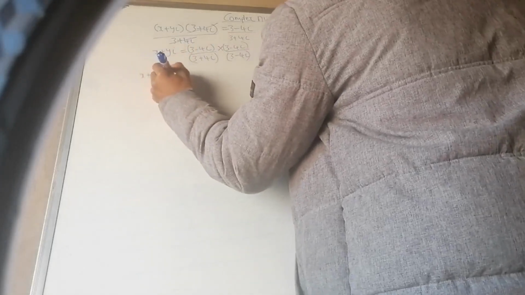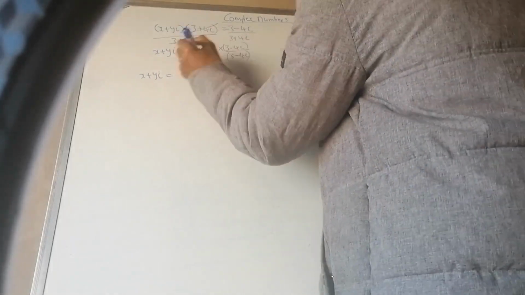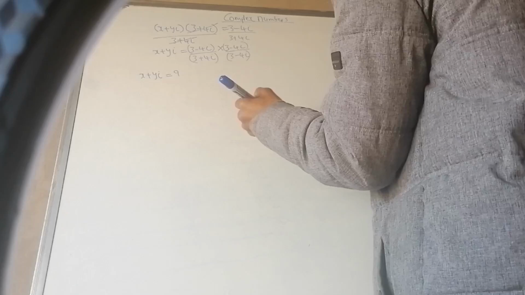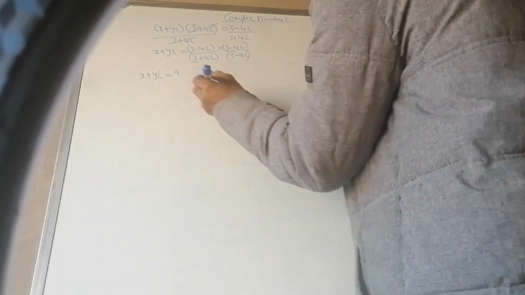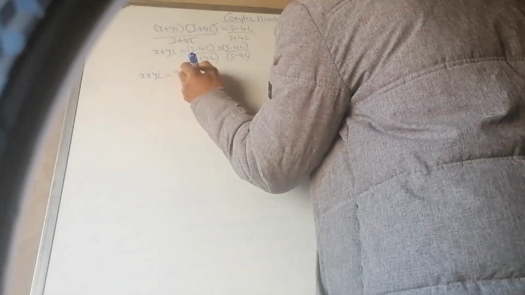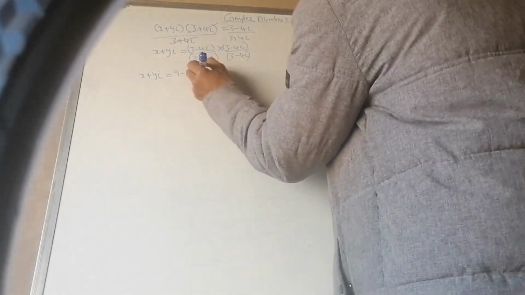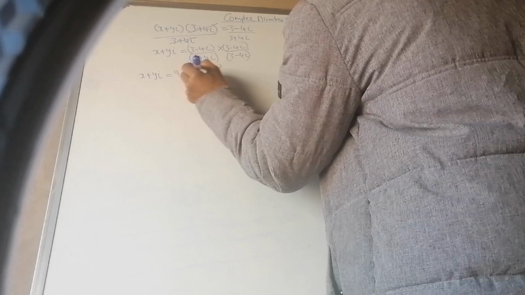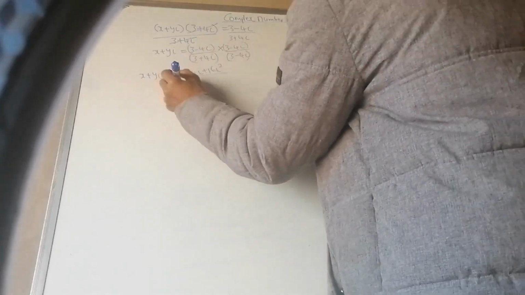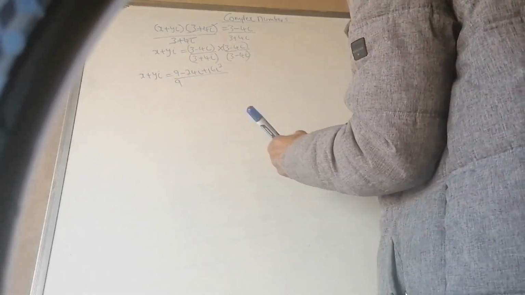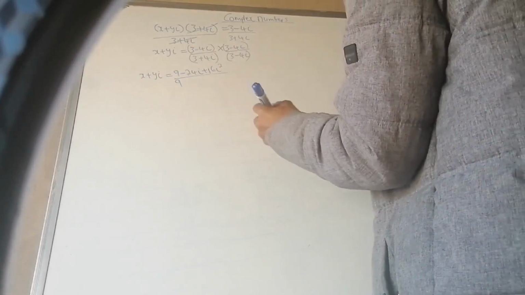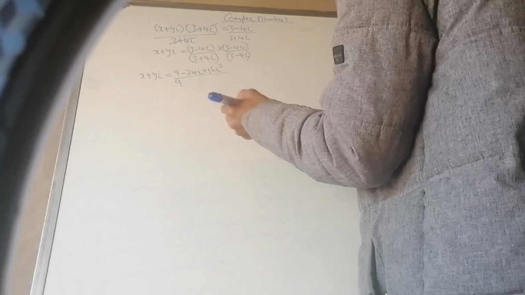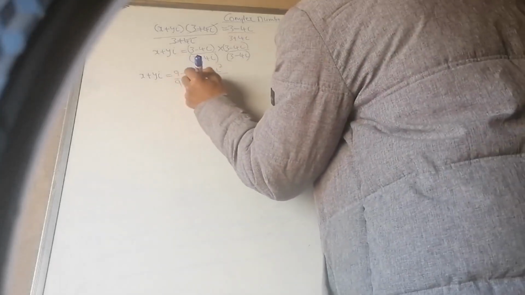x plus yi will be equal to, this is 9 minus 12i minus 12i, that is minus 24i, plus 16i squared. Divide. The denominator will be 9 minus 12i plus 12i, that is 0, minus 16i squared.